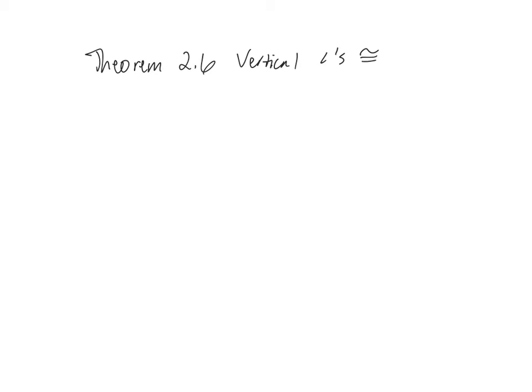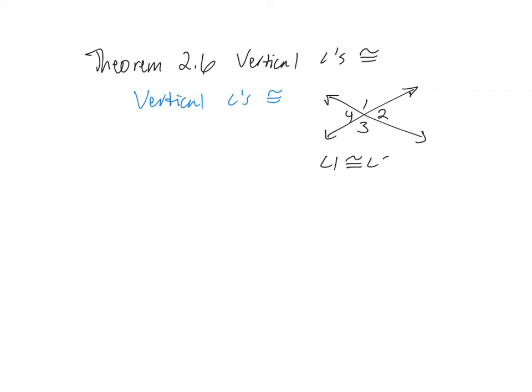I've told it to you before, but vertical angles are congruent. It's very useful in a lot of different contexts. So if I had these four angles, angle 1 is congruent to angle 3.